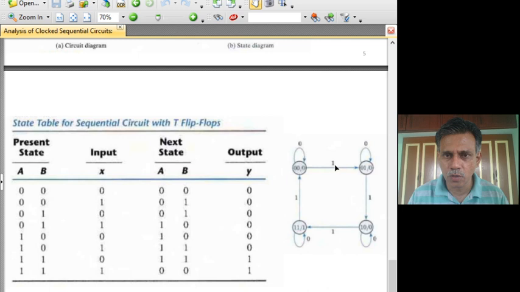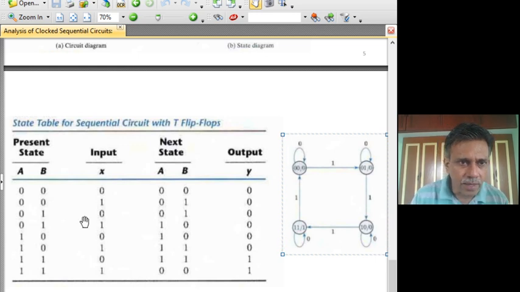Next, coming to 0, 1, for an input of 0, you remain in 0, 1. When in the state 0, 1, when the input is 1, you go to 1, 0. That is given here.